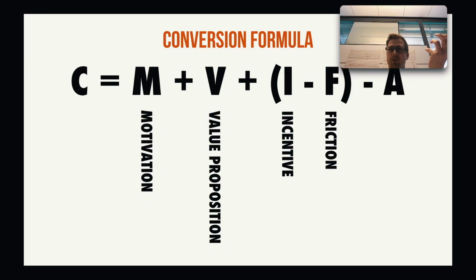If it's difficult to do this thing, meaning if you add friction to it, then fewer people will convert. And so friction is page load time, things like that. Anything that makes it more difficult is actually adding friction to a task. And then the last thing, which is very important, is anxiety, and it's anything that makes a person afraid of doing something, such as if they think that they will get socially shamed by sharing something, then they probably won't.